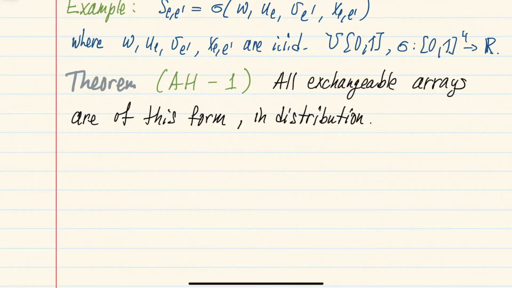There is also an analog of this result for any dimensional array, but here we will just focus on two-dimensional arrays. There is another version of this result corresponding to symmetric arrays.